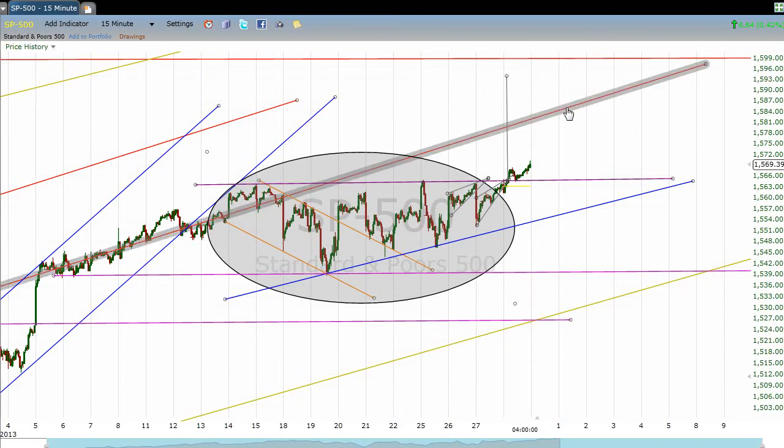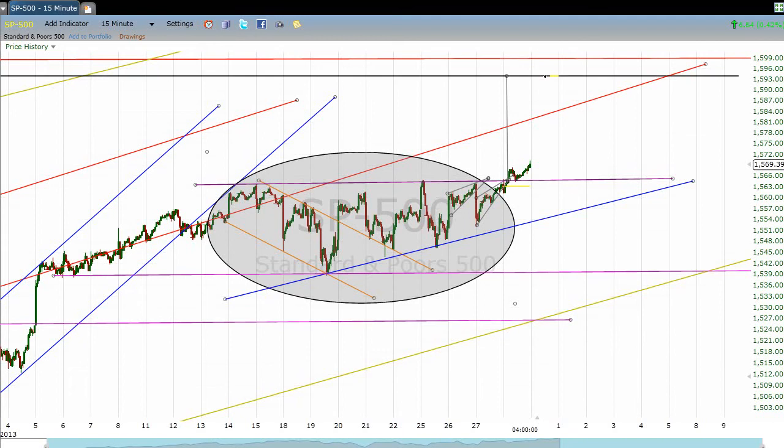And this line that used to be support should now be resistance. So if we snap a horizontal line right here, you can see that there is room for that target to be met.